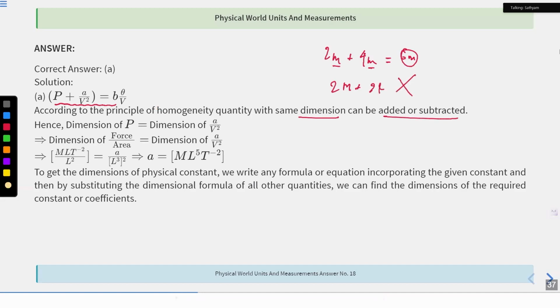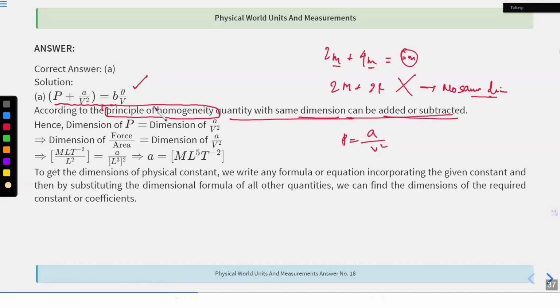This is senseless because no dimension is the same. So the principle of homogeneity basically tells that quantities with the same dimensions can be added or subtracted. Hence, the dimension of P, pressure, is A upon V². The dimension of force upon area is A upon V². Now you're going to basically just add it, correct? I hope it's clear. Here the only thing you needed to remember was what the principle of homogeneity is.